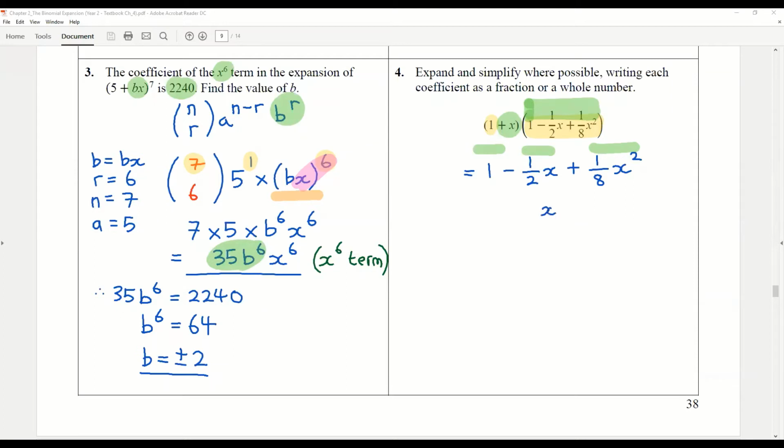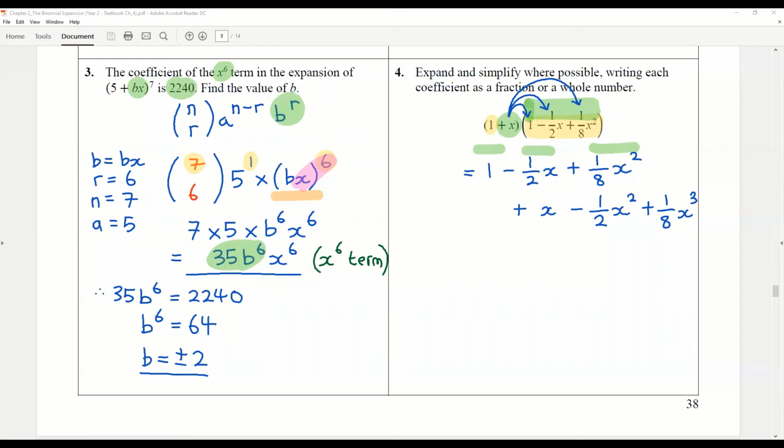So that's going to be positive x. And then x multiplied by negative 1/2 x is, of course, negative 1/2 x squared. And then finally, x multiplying 1/8 of x squared. So that's going to be 1/8 x cubed.